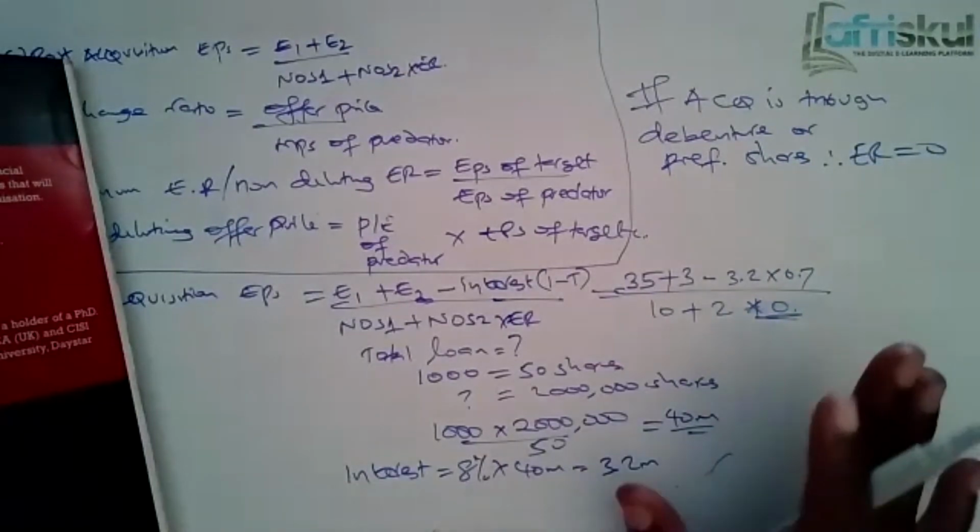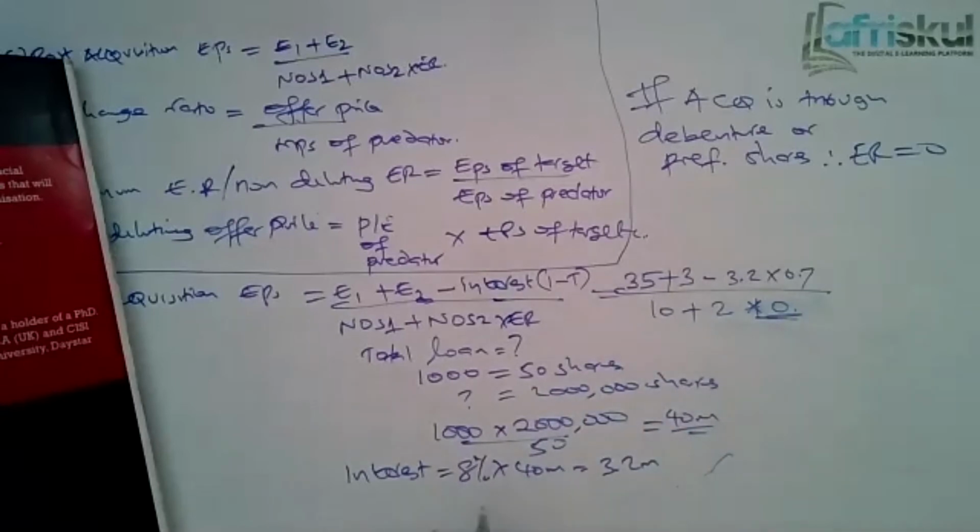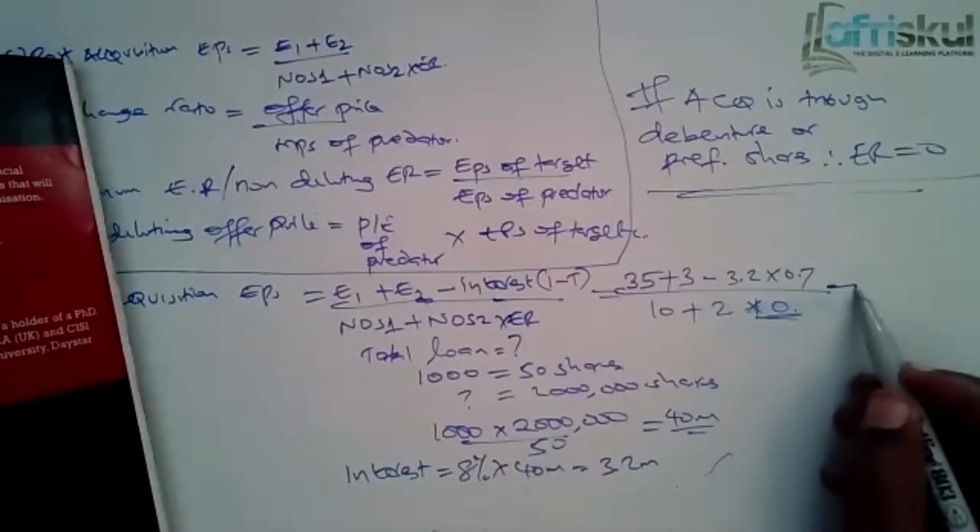This is quite important. You should write it down very well, if possible in your mother tongue. If acquisition is through debentures or preference shares, then the exchange ratio equals 0.